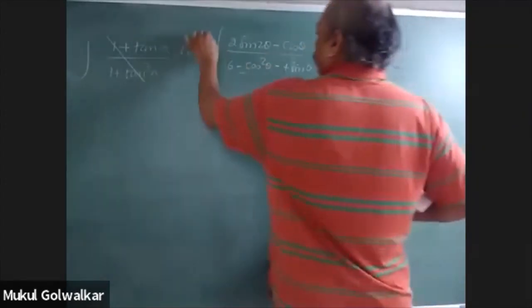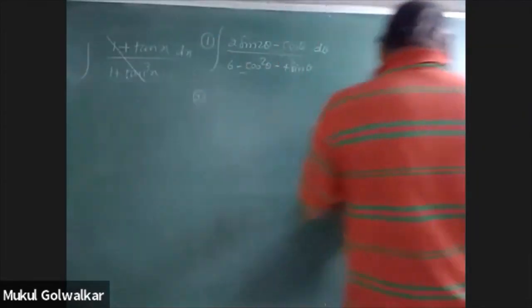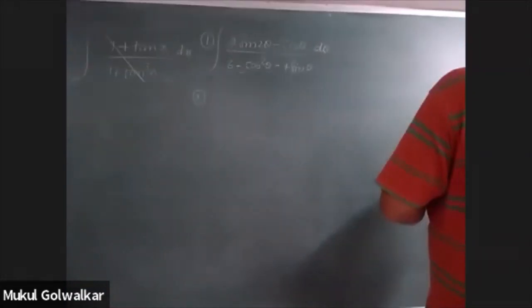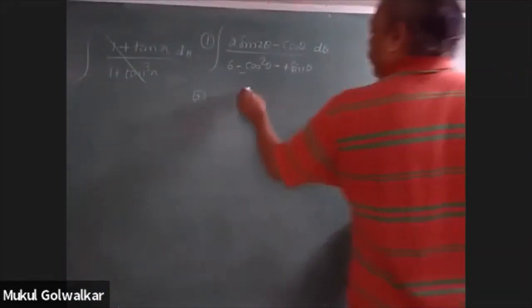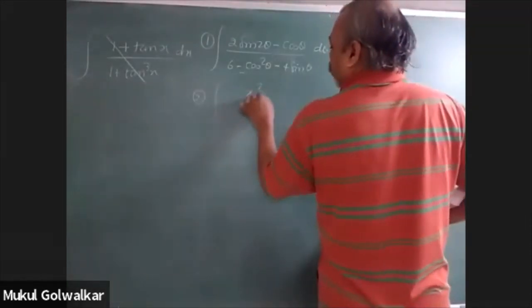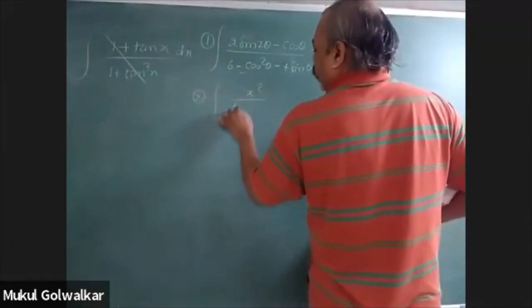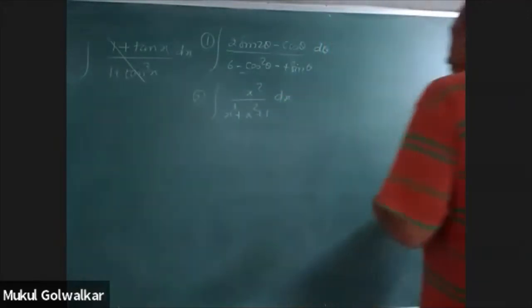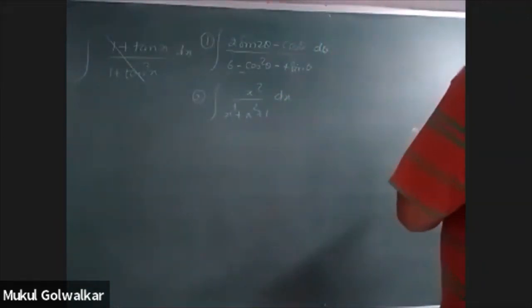This is the first question for you. Second question for you is x square upon x to the power 4 plus x square plus 1. This is the next question.